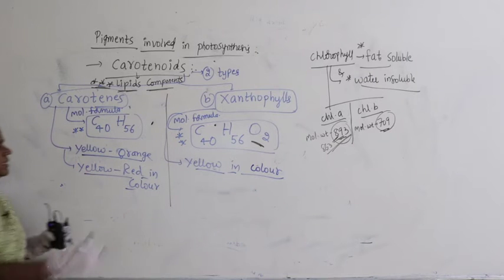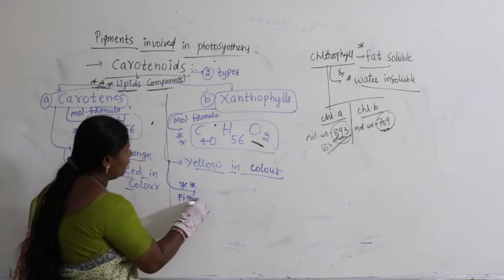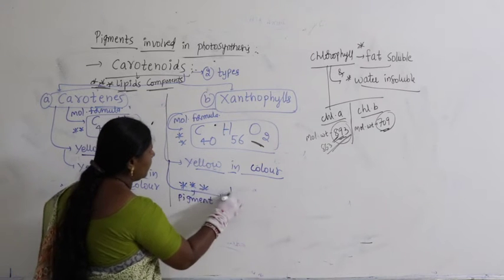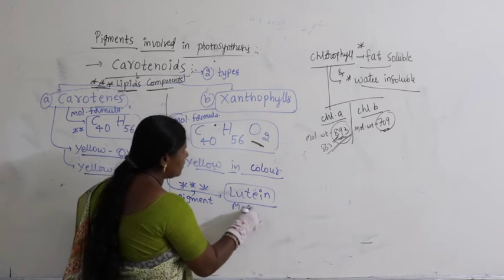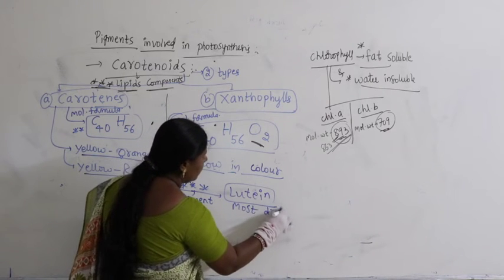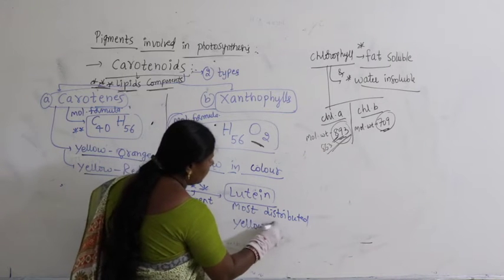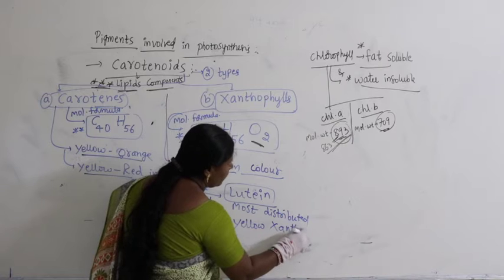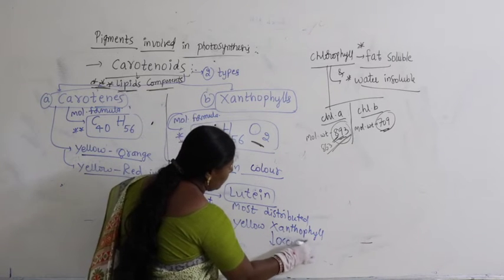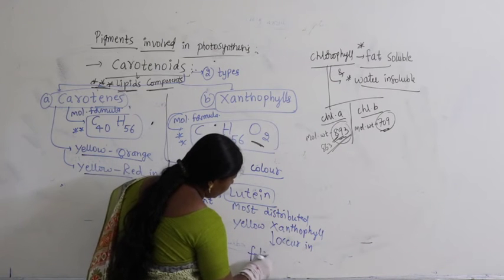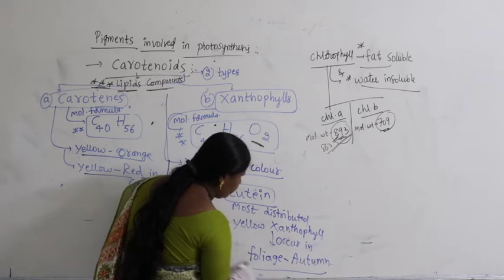Now, apart from this, in the case of xanthophyll, you find a very important pigment called lutein. Lutein is the most distributed yellow xanthophyll, occurring in foliage leaves, especially in autumn season.